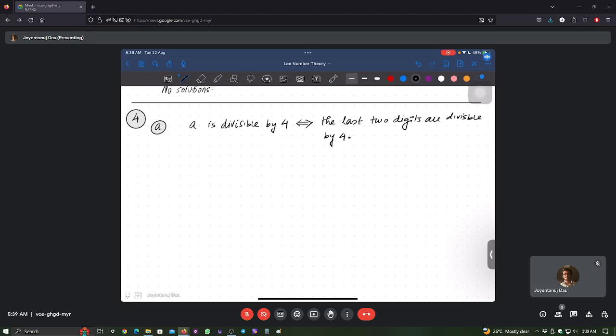Then you have to show that the last 2 digits are divisible by 4. So last 2 digits means how should I write?